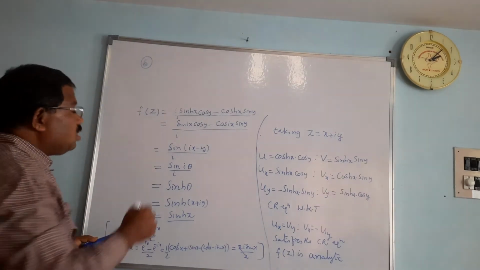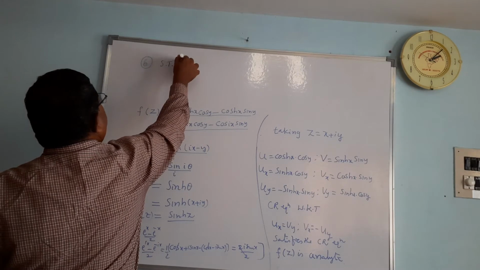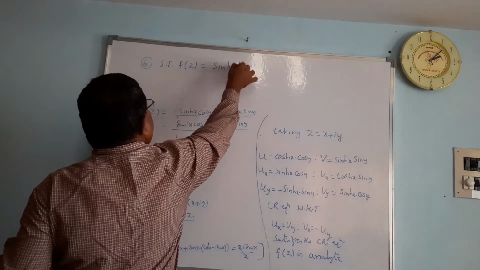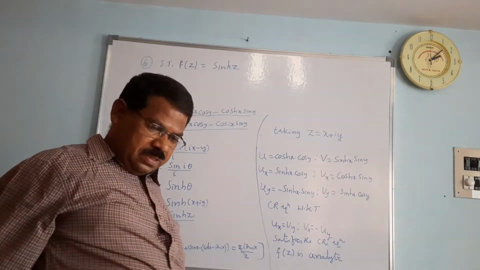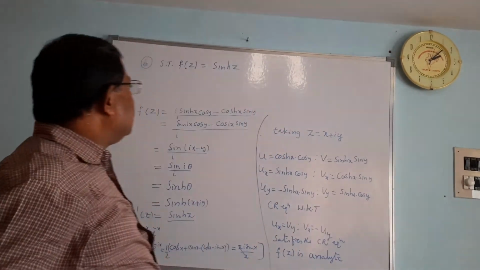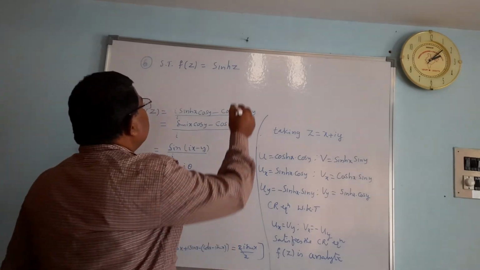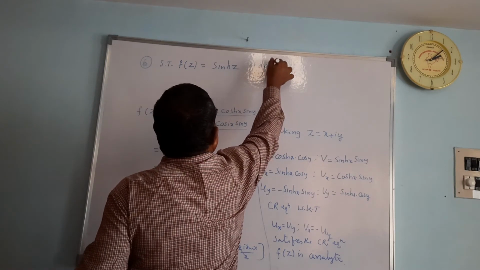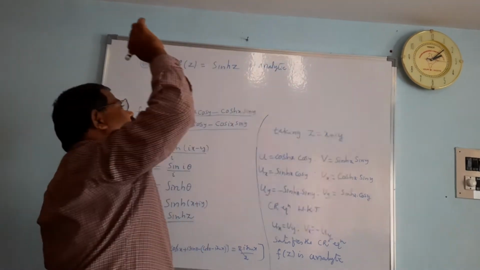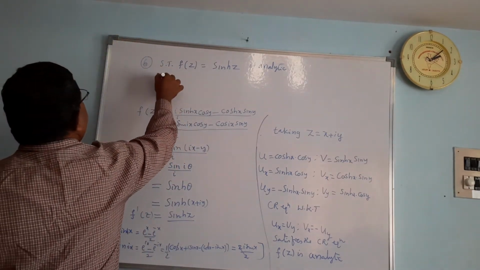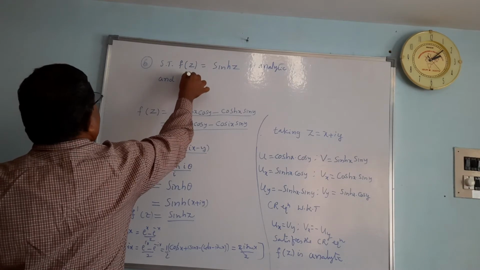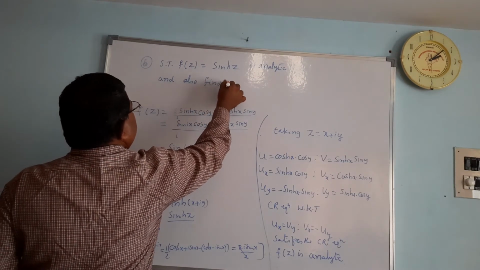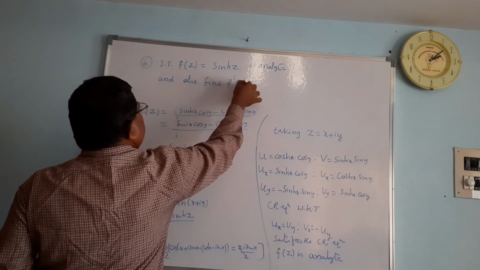So that f of z equals sin hyperbolic z, and hence find f dash z, and hence show it is analytic, and also find f dash z.